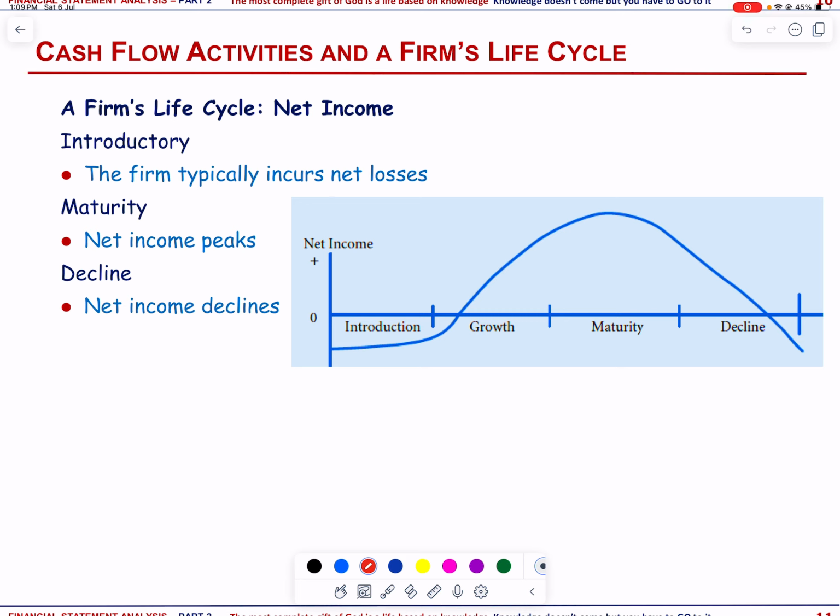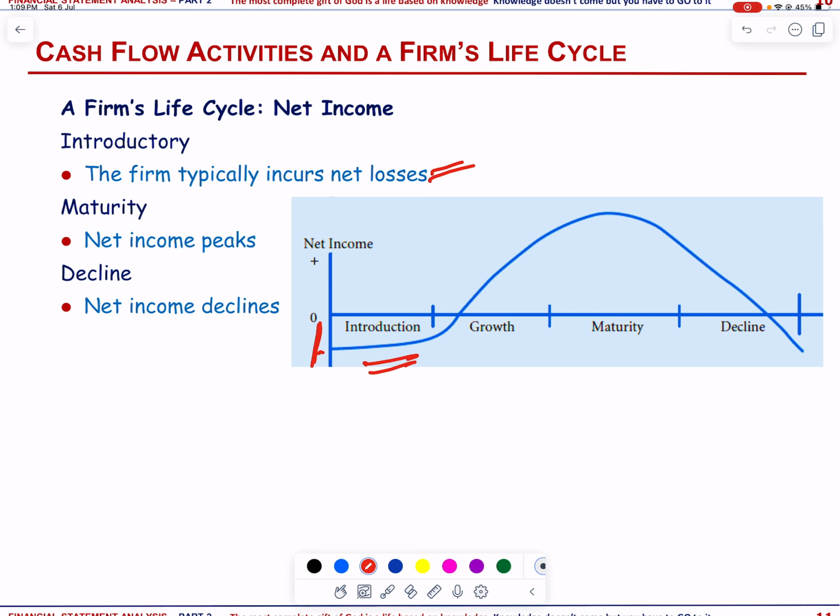Now, during the introduction stage, or during the, as we say, the initial phase, the firm typically incurs net loss. This is because the cost associated with designing and launching new products exceed the revenues generated.